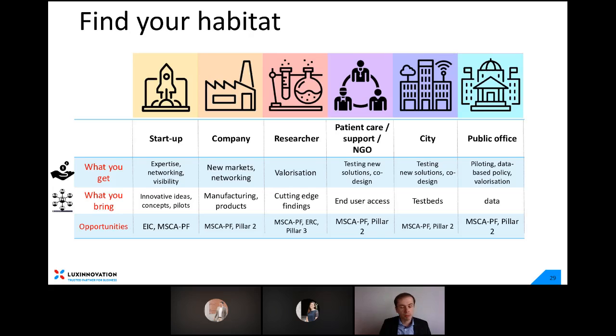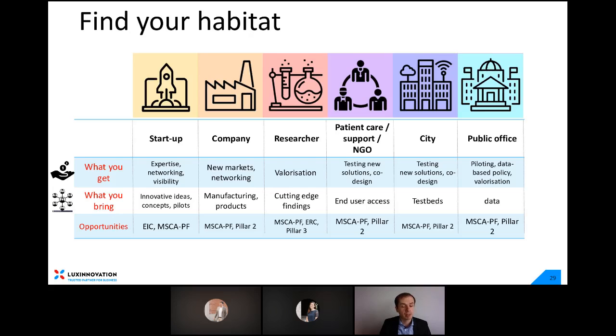Accordingly, we recommend various funding opportunities that are more or less suited to the situation you're in. I will not read all these opportunities to you, but you can quickly realize, when thinking about it, if you're a company or a public administration or a researcher, you might have different expectations of output from the project.